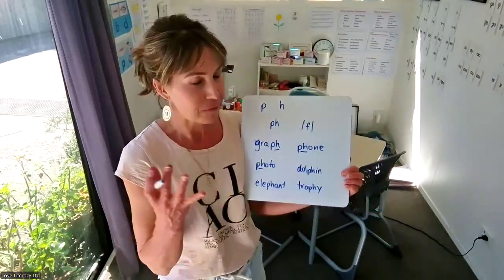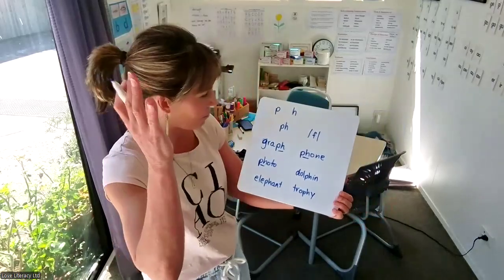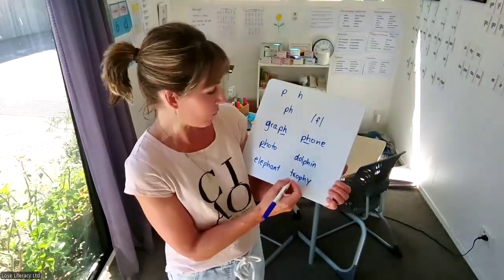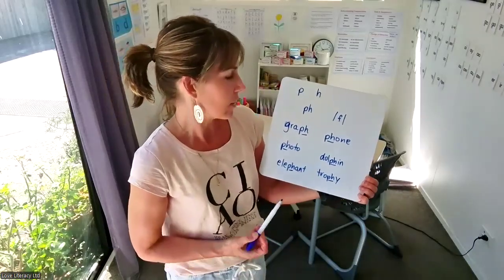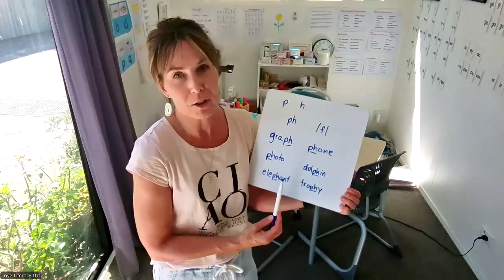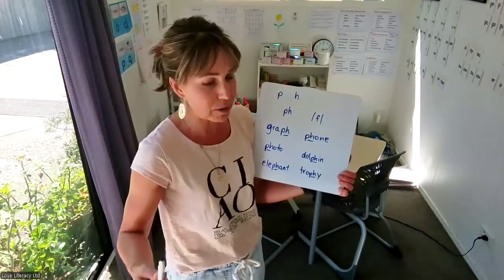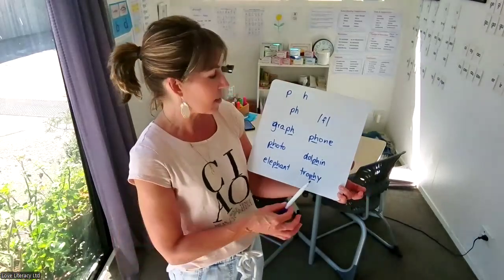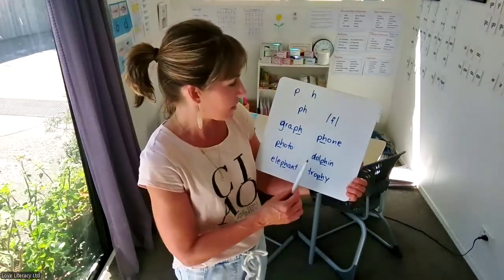Okay, that spelling is right. For some reason, I looked at it and I was just like, oh, that doesn't look right. But anyway, here we go. And trophy, where the PH is sitting in the middle. Look, at the end of the day, you might not be teaching these as spelling words to end of year one and year two. But it's always really good to show that this digraph is in words.